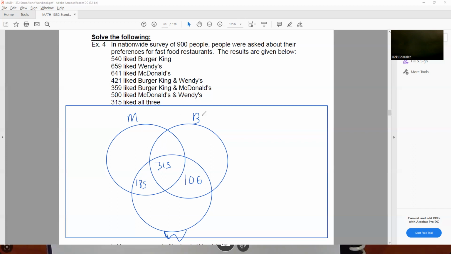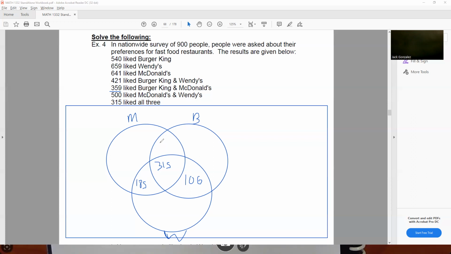Find out McDonald's and Burger King. It's 359, right? Burger King and McDonald's is this entire middle circle section.